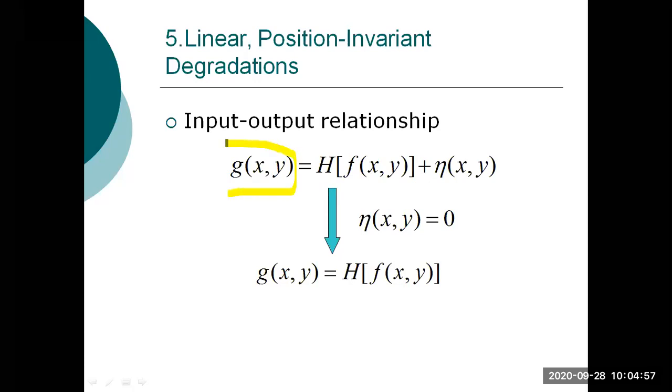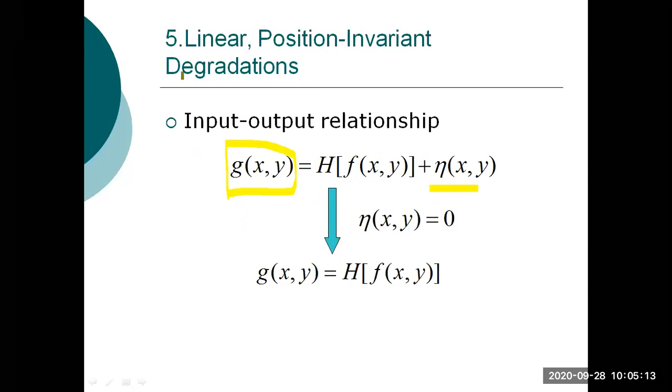After degradation function estimation, we are getting output g of x comma y, so small g of x comma y.